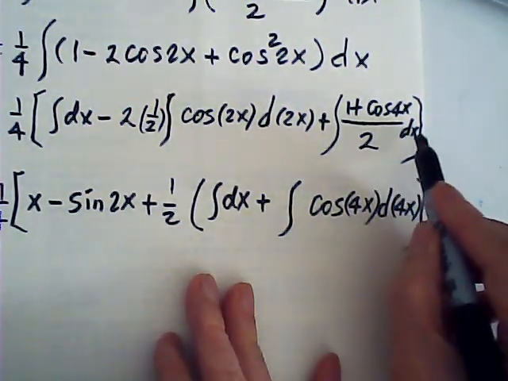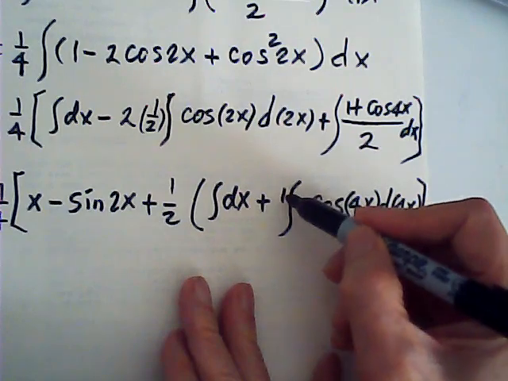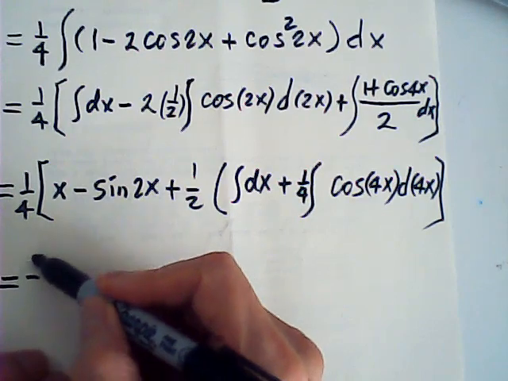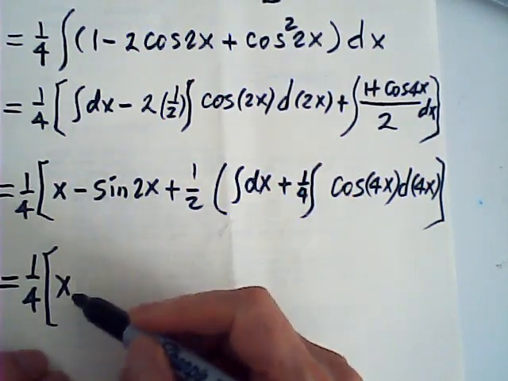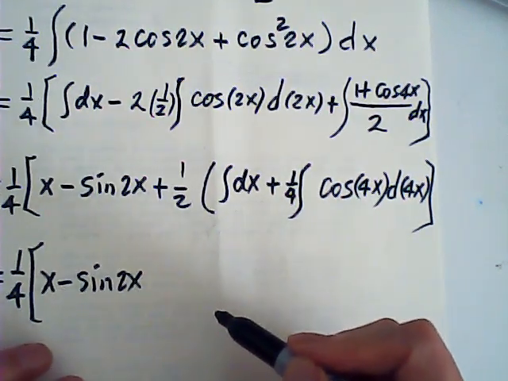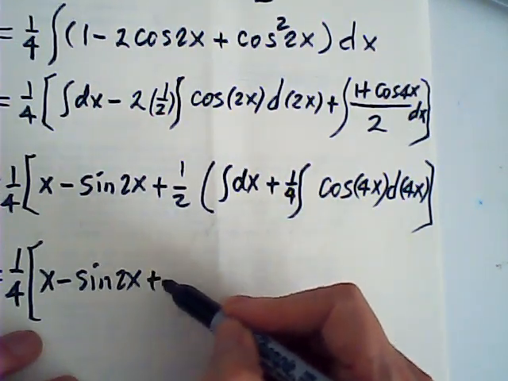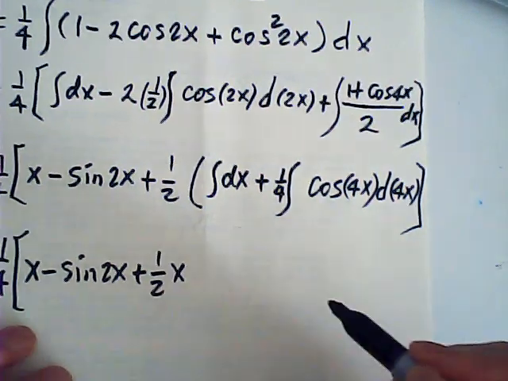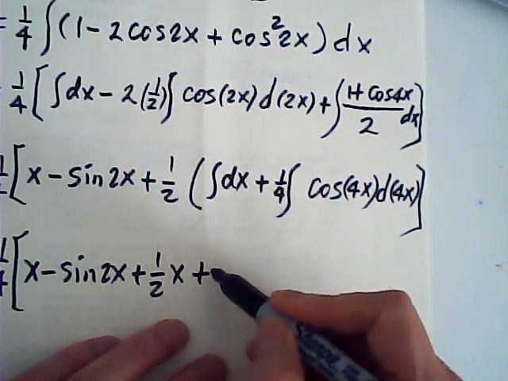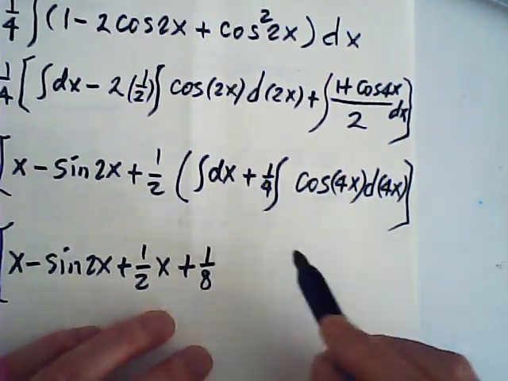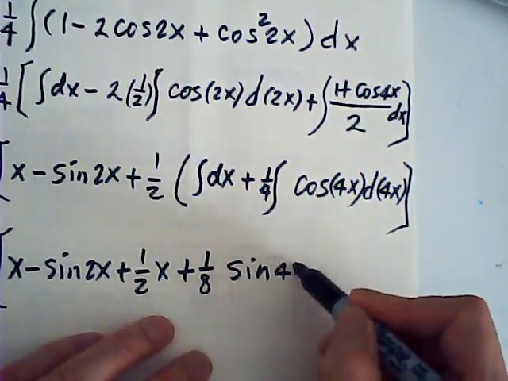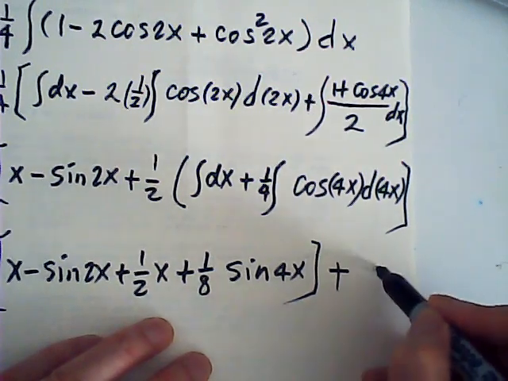I have only one dx, so I balance it by times 1/4. So this one equals 1/4 x minus sine 2x plus 1/2 x plus 1/8 sine 4x. Let's see.